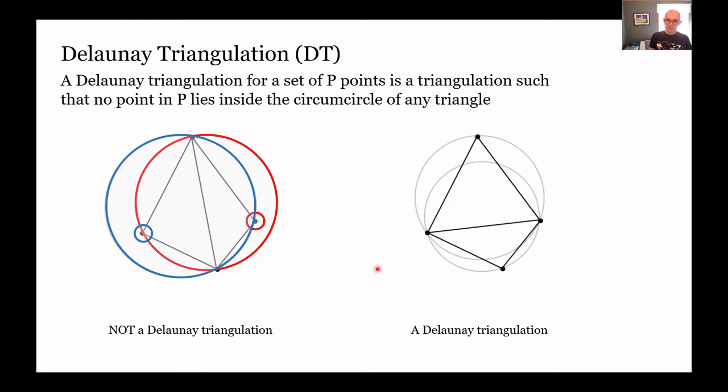Whereas if instead, using exactly the same points, we triangulate the other way, so that we use these 3 points and then these 3 points, we can see that the two circles go through and contain only those points that are part of the circle and nothing else. And therefore this is a valid Delaunay triangulation, which is something we are seeking in these models.